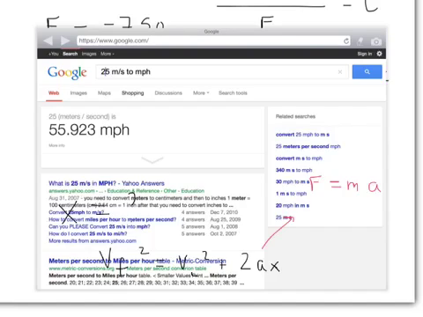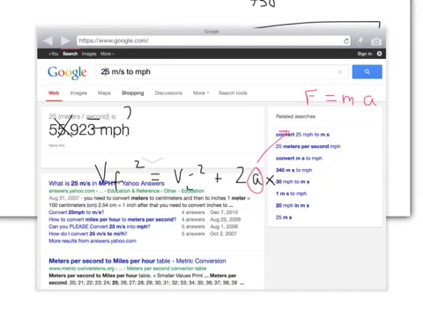I'm not. I'm replacing the a. I'm going to solve for a. Oh, it'll be like F over m. Yes, so we'll replace a with F over m, because we don't have acceleration in this problem.